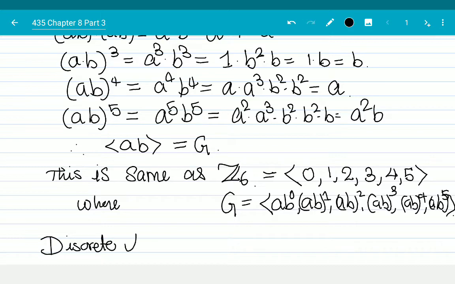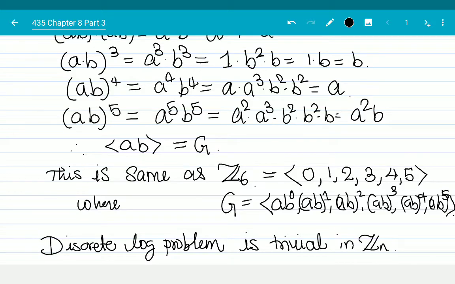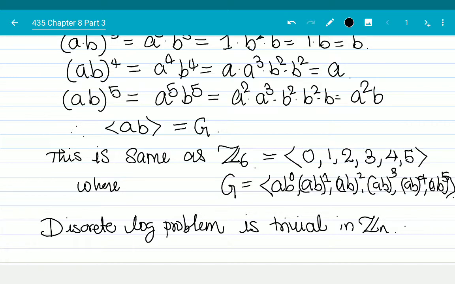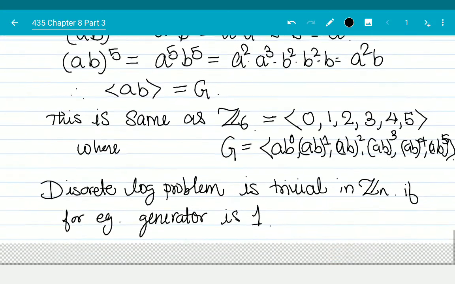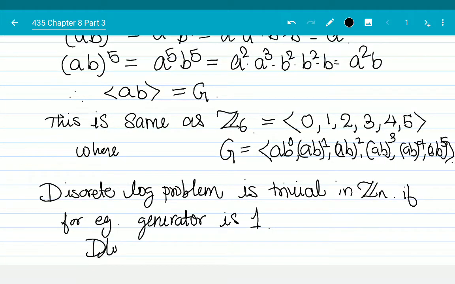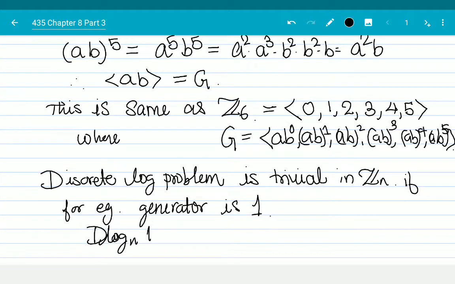The discrete log problem is really easy in Z6. The discrete log problem is trivial in Zn, right? If the generator is, for example, 1, the discrete log base 1 of n is just n.